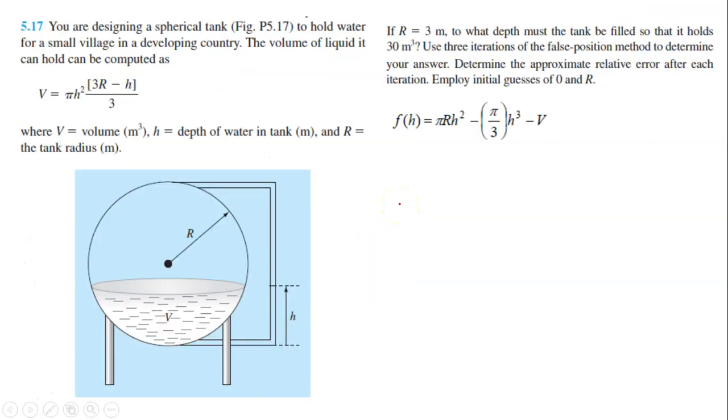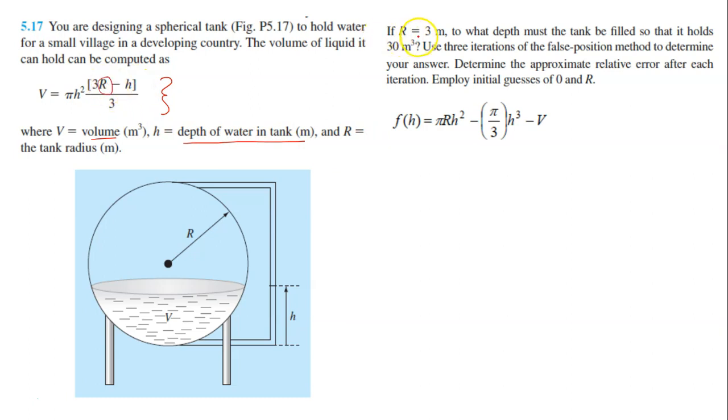Alright, next is the last one. You are designing a spherical tank to hold water for a small village in a developing country. The volume of liquid it can hold can be computed as this. Given here, V equals to volume, H equals to the depth of water in tank, and R equals to the tank radius.